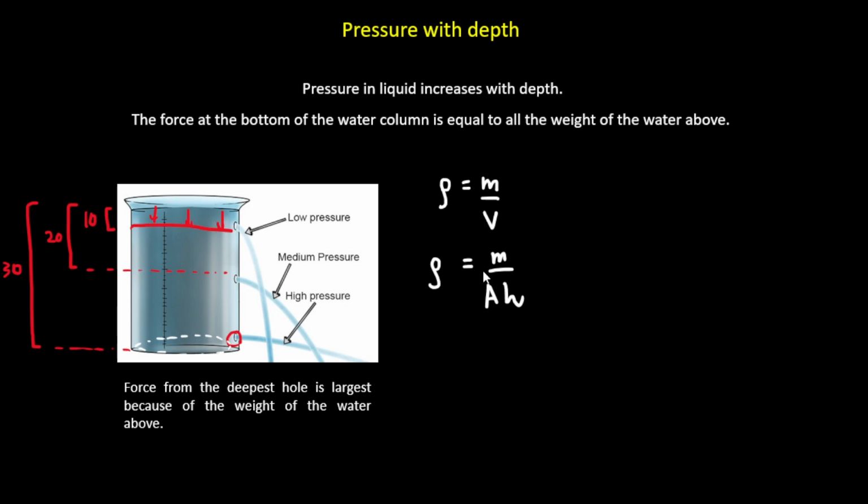So rho is equal to m over A h, meaning that mass is rho A h.